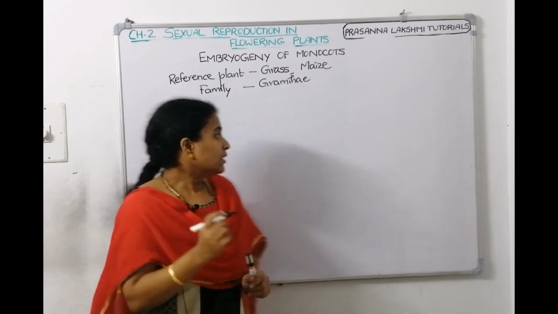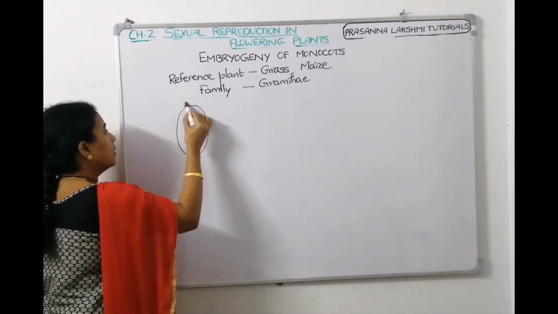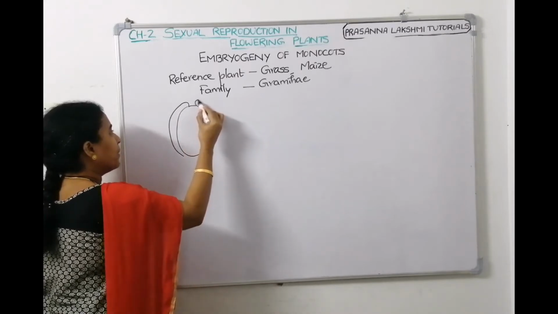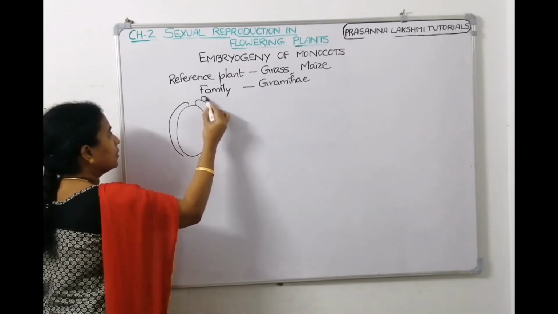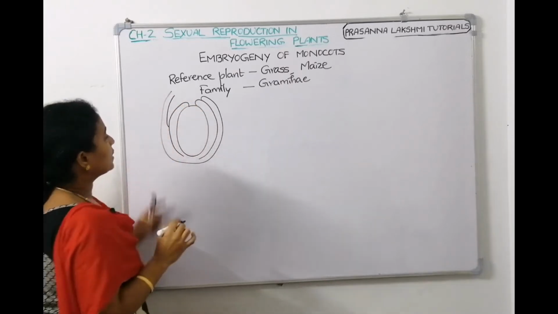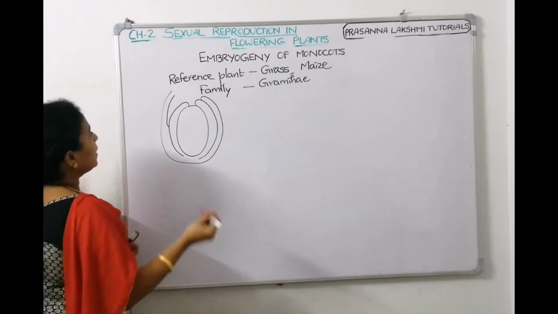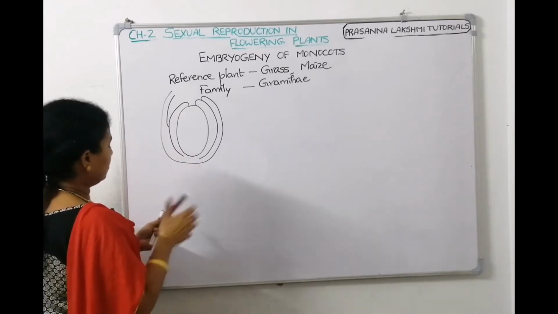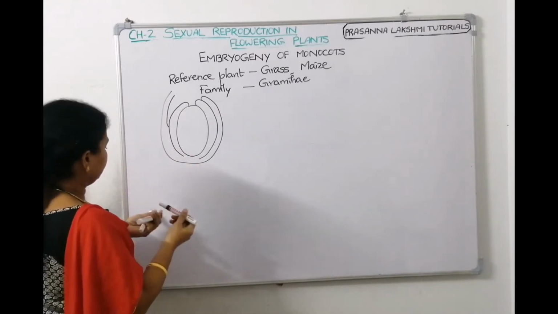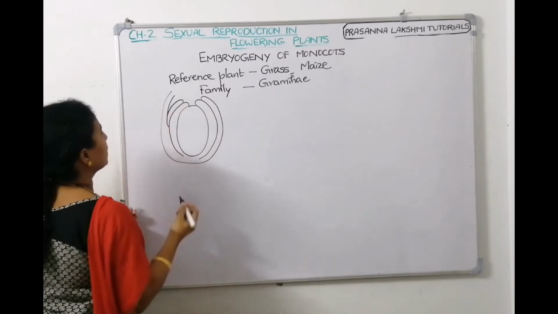Now, we see that this is the ovule and this is the micropyle. The typical shape of an angiospermic ovule is anatropous, and let me draw the other cotyledon here. Yeah, this is the second cotyledon.